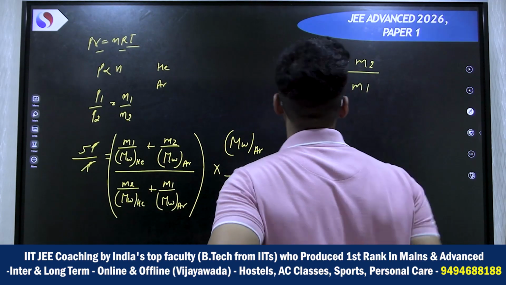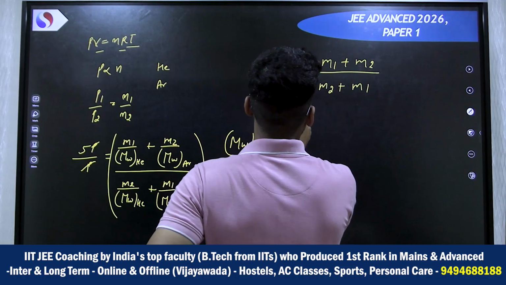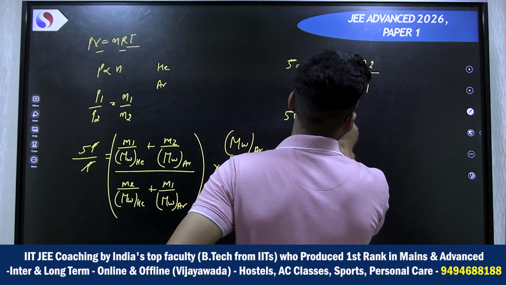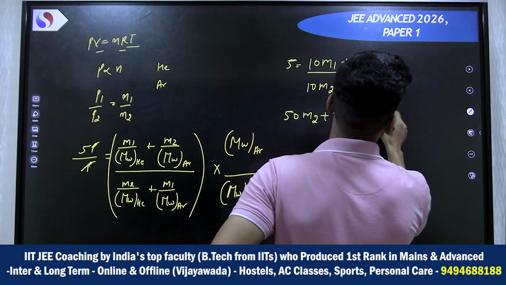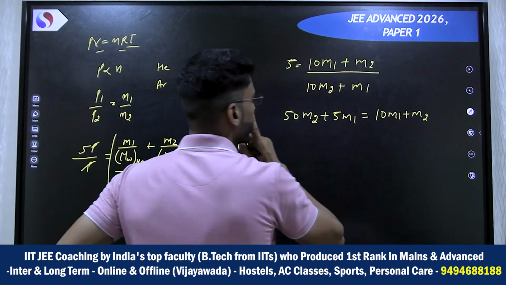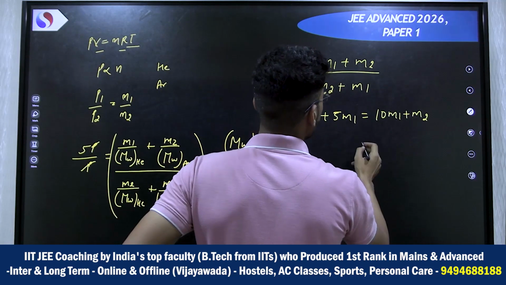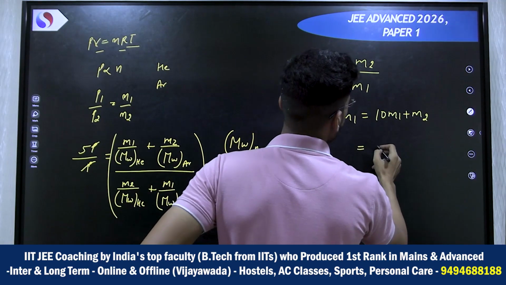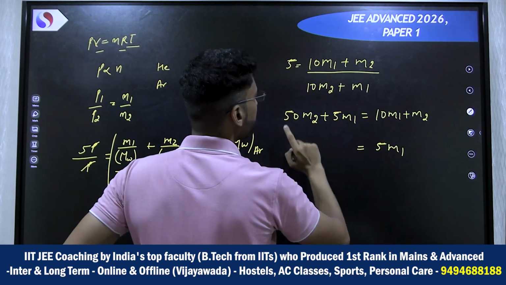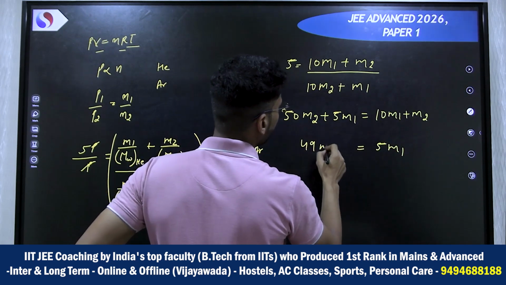You can simply solve this. This is 50 M2 plus 5 M1 equals 10 M1 plus M2. So 10 minus 5 means 5 M1, and 50 minus 1 means 49 M2.